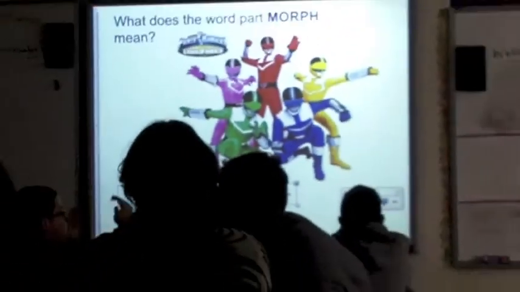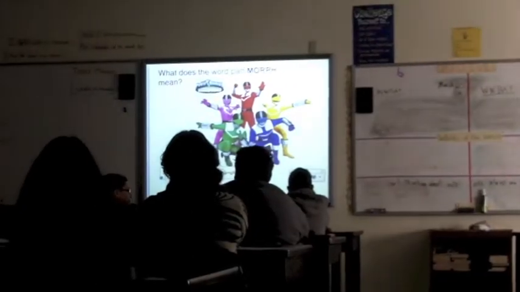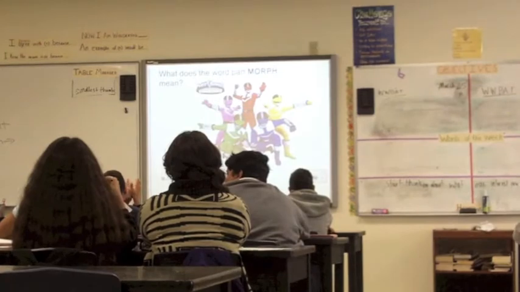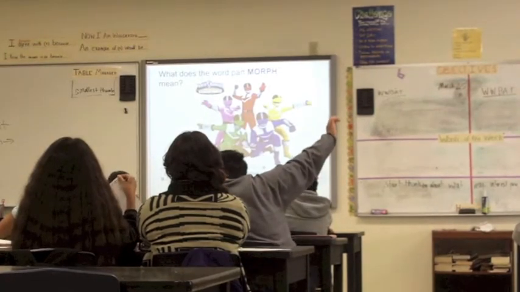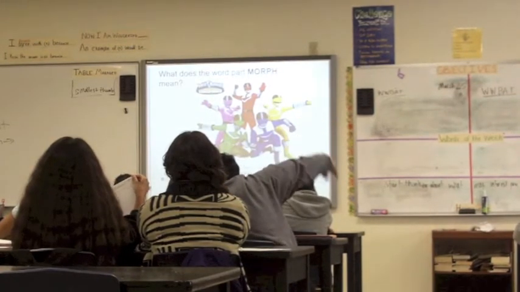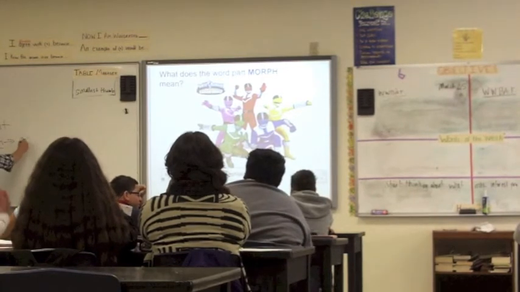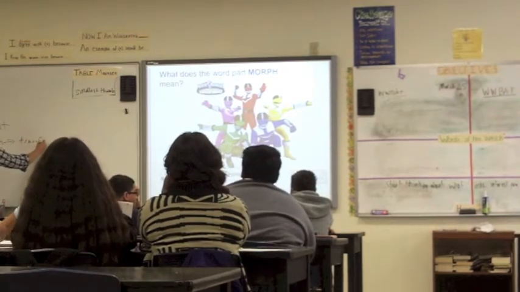Okay, so based on that sequence of events in that video, what does the word morph mean? What were happening with these Power Rangers? It's turned into a Red Ranger. Can I get a hand, please? One. So maybe morph means to transform. Anybody else got another word we can describe it?